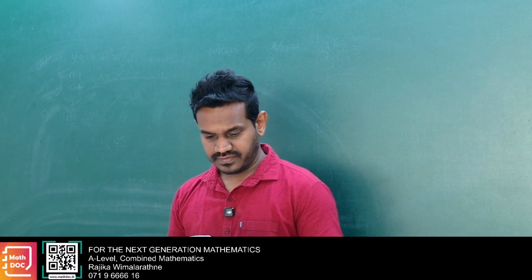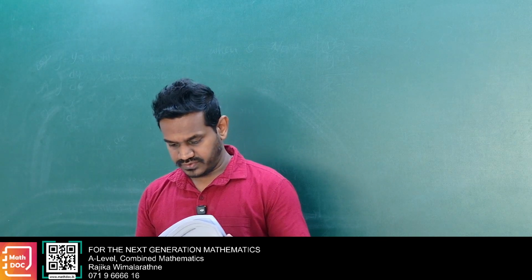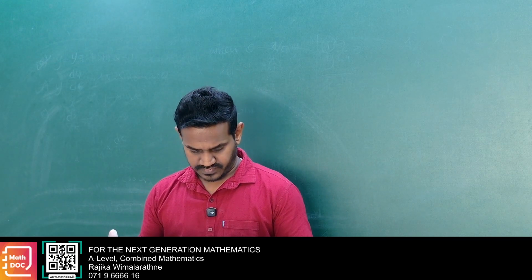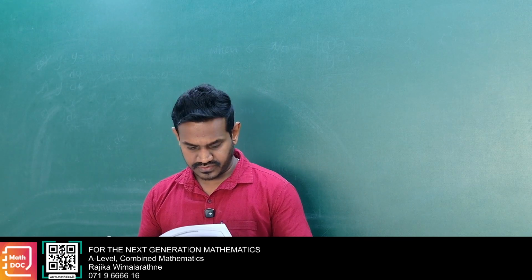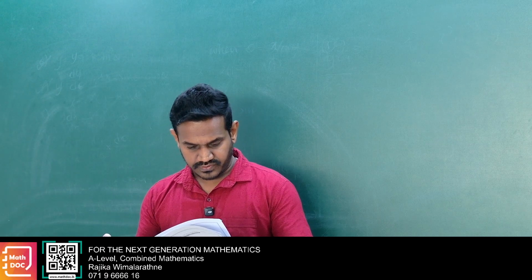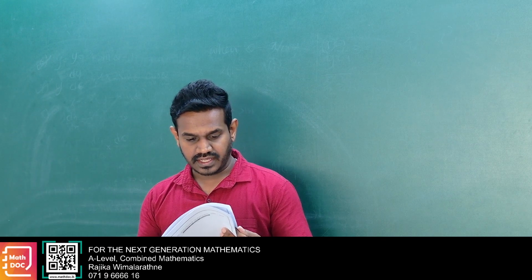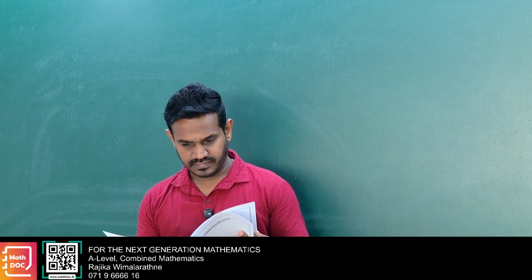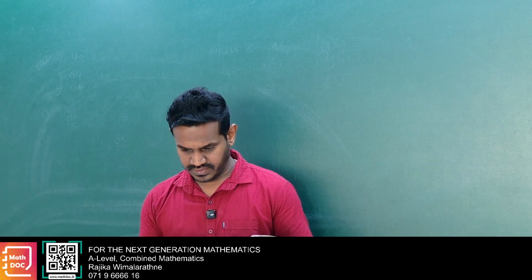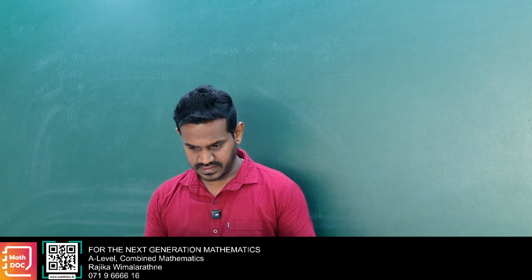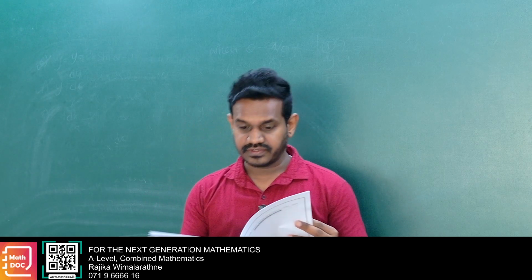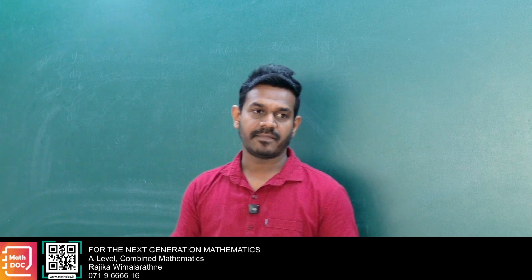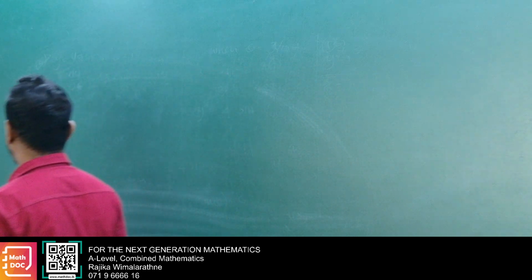Here I have given up to the 2024 questions, but that does not include the 2024 and 2023 part A questions. I'll give it a little later. Anyway, go to the 2015 A level question, part A only, and read and start.